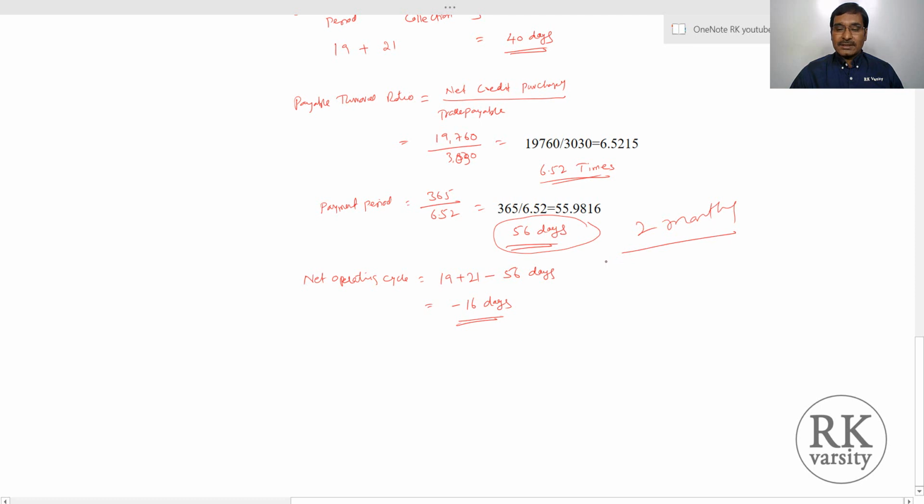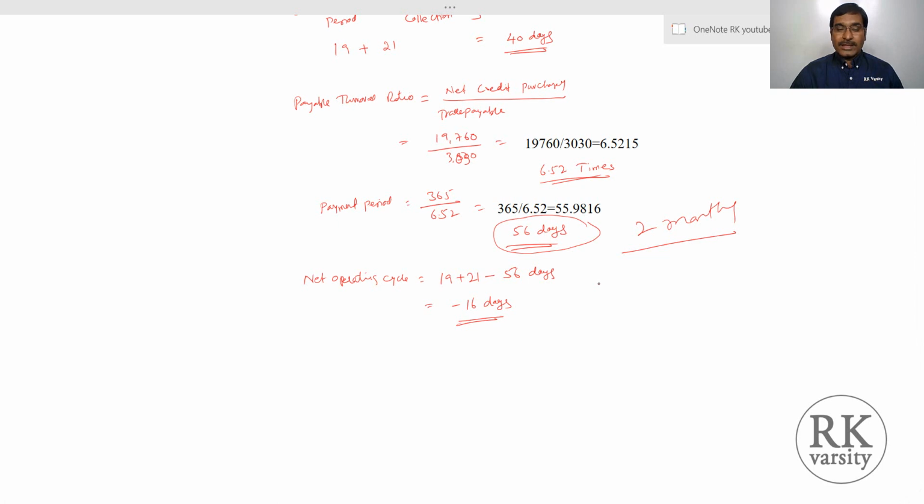Now this delay in payment is not because of insufficient cash. This delay is because of your leverage. Because Hero MotoCorp is a large company, it can bargain for a higher credit period from its suppliers. That is the reason why its credit period is very high, because of which the net operating cycle is negative.